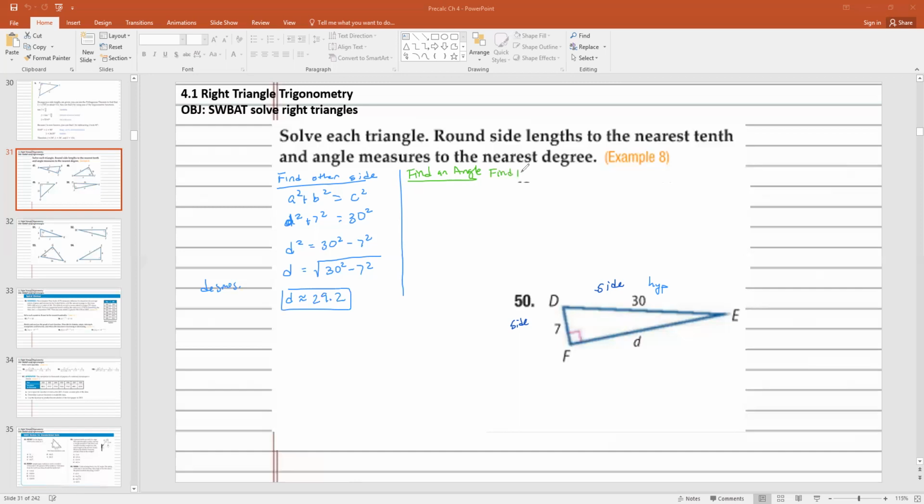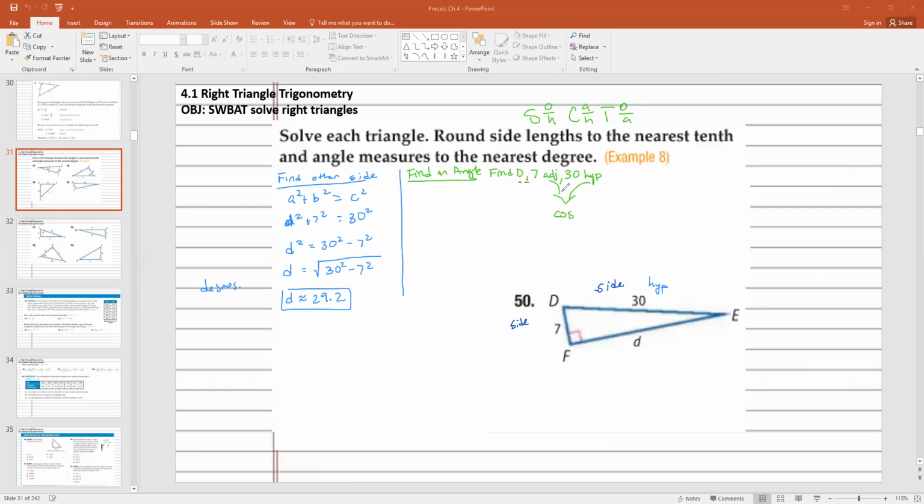Find D. That means 7 is the adjacent because it's next to D, and 30 is the hypotenuse because the right square always points to the hypotenuse, so that one's not going to change. All right, so we have the adjacent, we have the hypotenuse, so that means we're going to use, so nope, CAH, yep, TOA, and we already said CAH, so cosine.